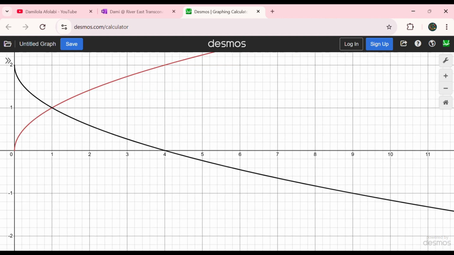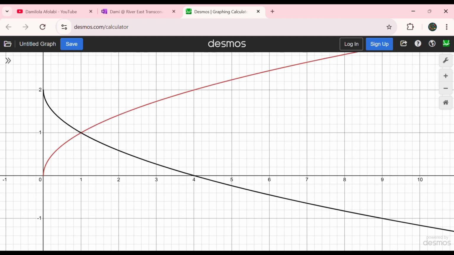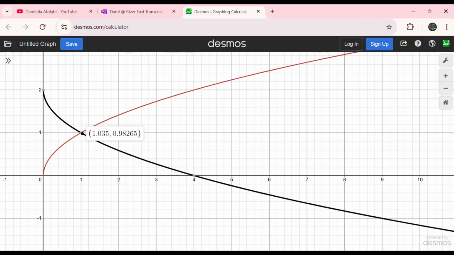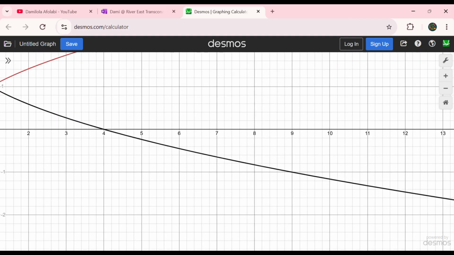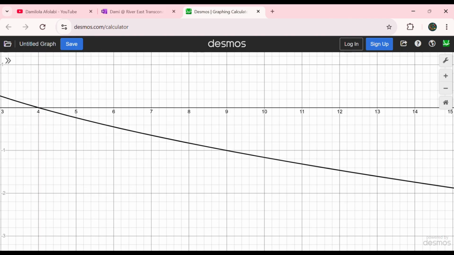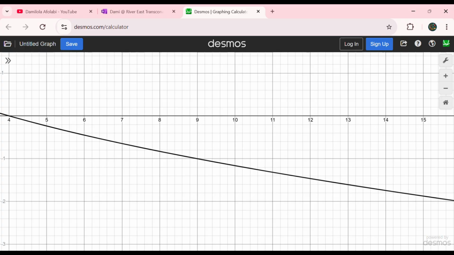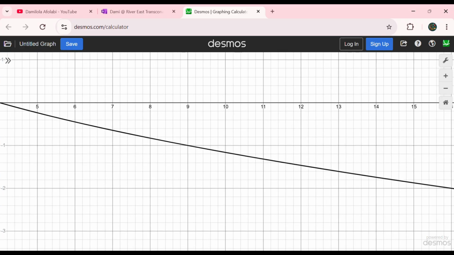It flips, and we can see at 1, 1 nothing changed, but basically 2, 0, 1, 1, 4, 0, and then 9, negative 1.